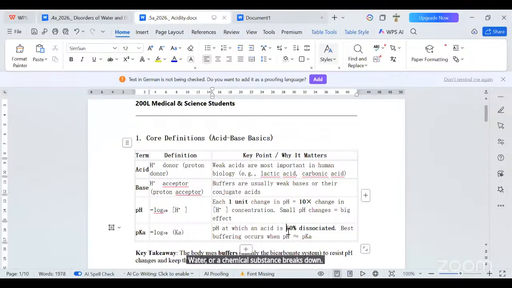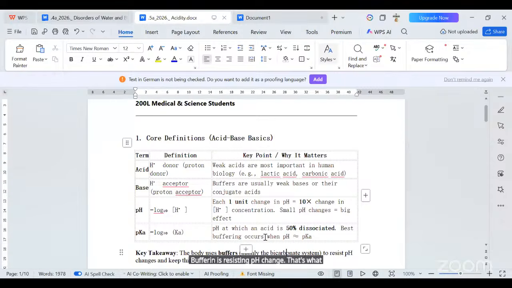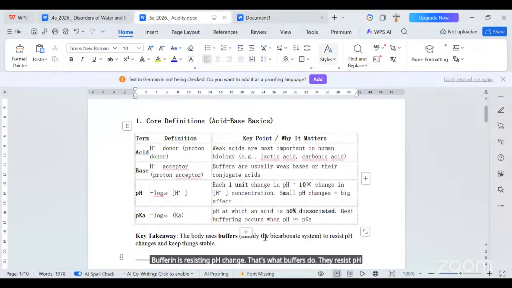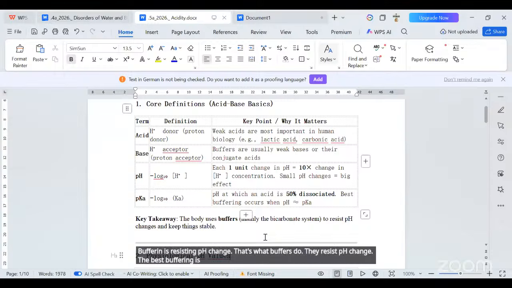That's dissociation. So the pH at which an acid is 50% dissociated is the pKa, and that is the best buffering. Buffering is resisting pH change. That's what buffers do. The best buffering is when the pH equals the pKa.